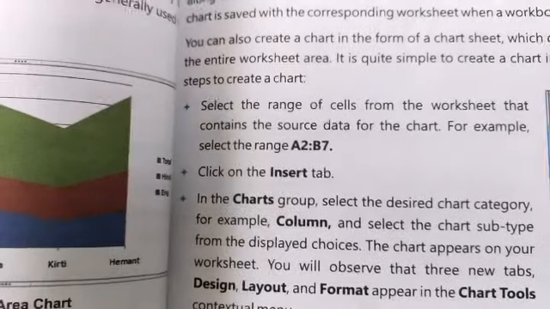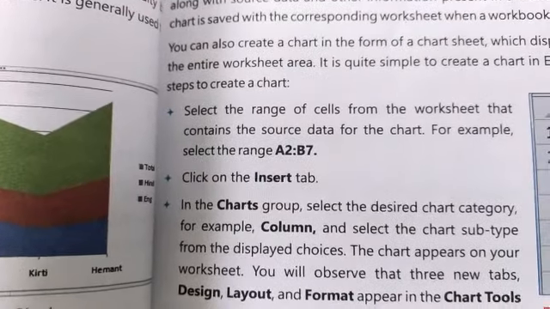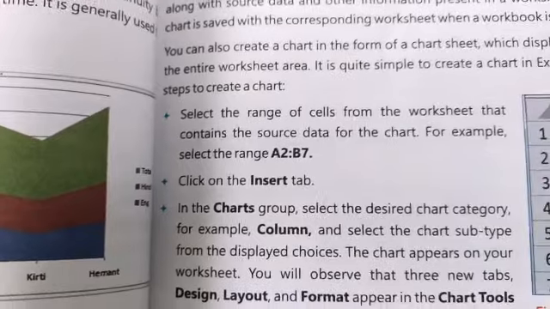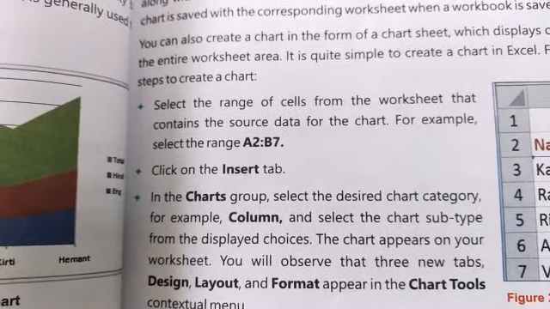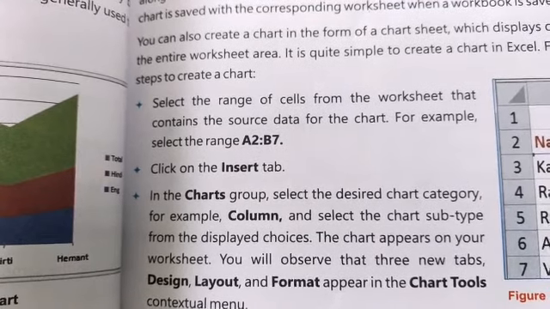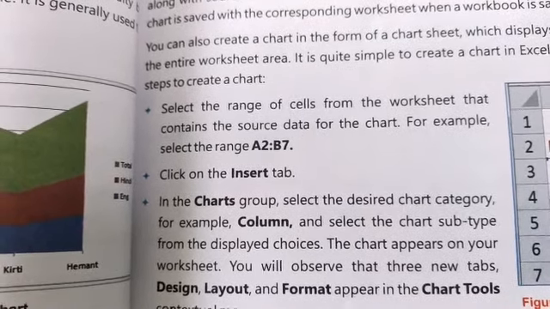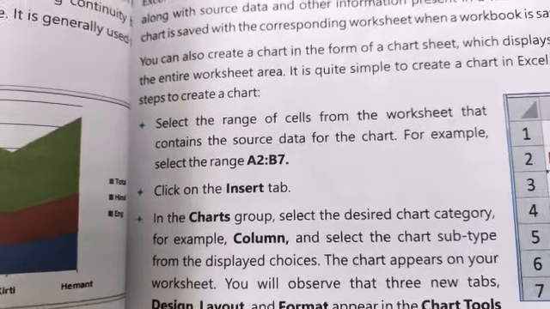After creating this, you have to select the data and click on the Insert tab. In the Chart group, select the desired category, that means the different types of charts that we have learned.